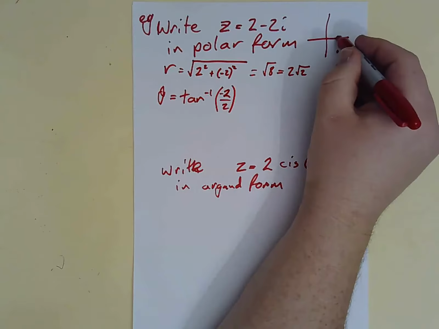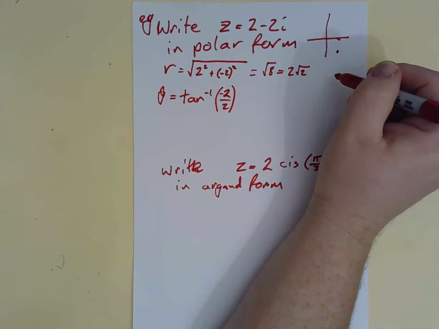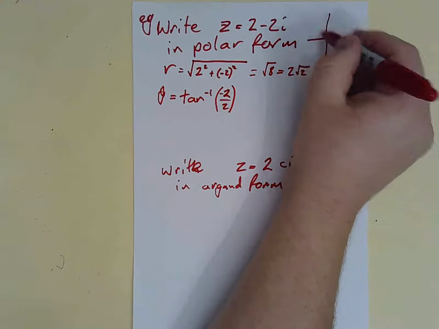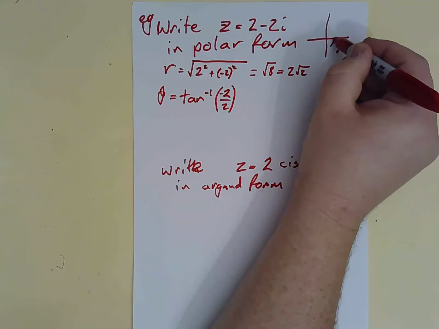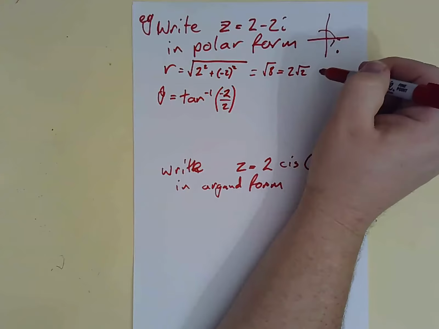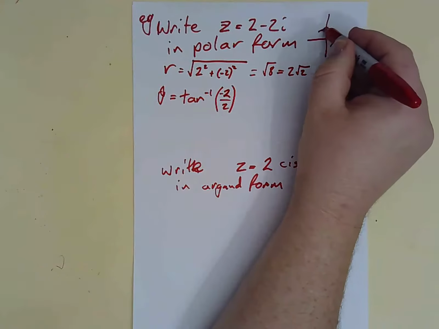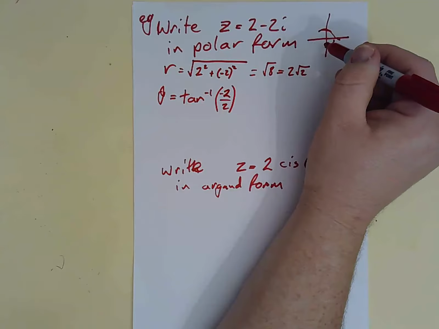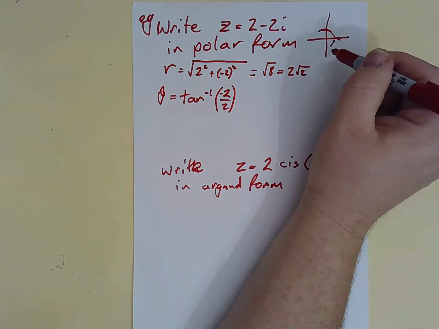And if you put it in your calculator, there are two different angles. This angle here and this angle here will both be the same as far as tan's concerned. So you sometimes have to add 180 or pi onto your answer to get the correct one.